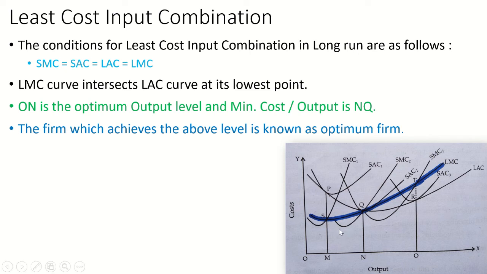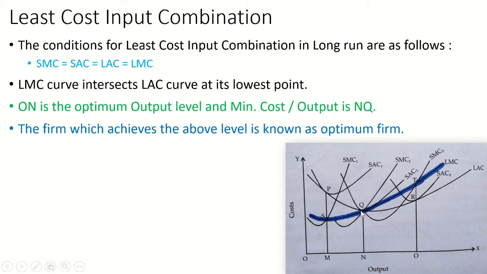In the last slide we also saw that the LMC curve intersects the LAC curve at its lowest point, and ON is the optimum output level, because LMC and LAC intersect at Q. So for producing ON units of output, the cost will be NQ.